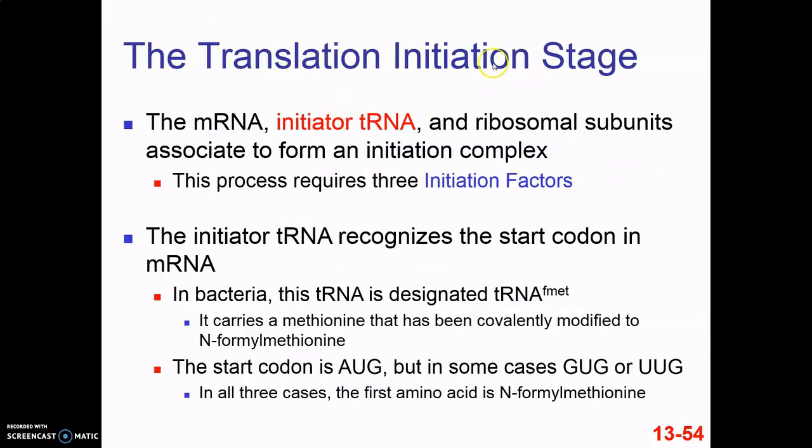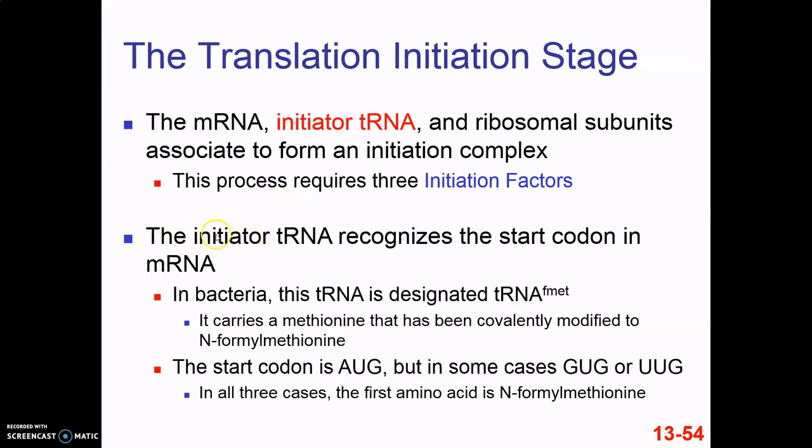So let's start with the initiation stage, and we'll specifically start with bacteria and then show you the differences in eukaryotes. So the messenger RNA and an initiator transfer RNA and the ribosomal subunits will form an initial complex, but this complex requires some specific initiation factors.